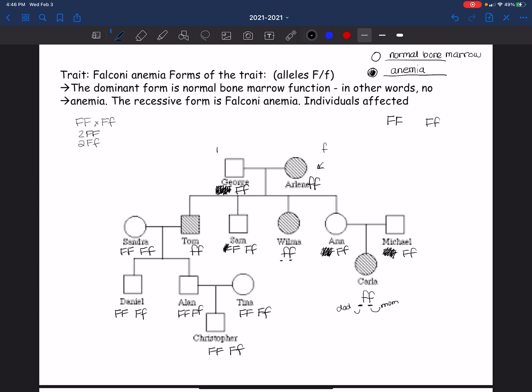So that means that Sam isn't big F. Okay? Now if we go to Sandra and Tom and look at their 2 children, they have 2 boys, we can figure out their genotype. Because Tom can only donate a little f, that means the children have to have at least 1 little f in their genotype.